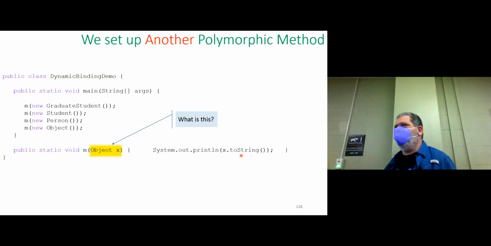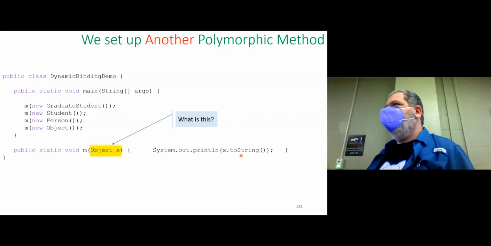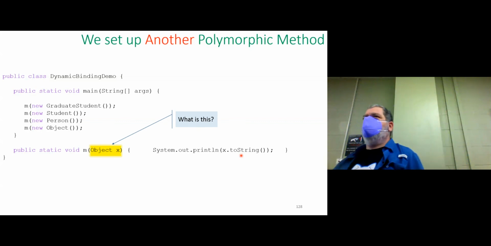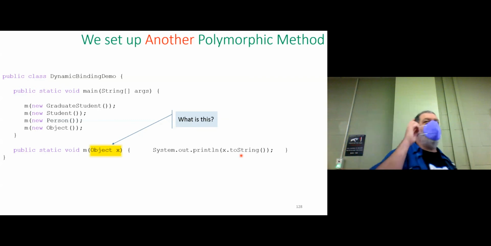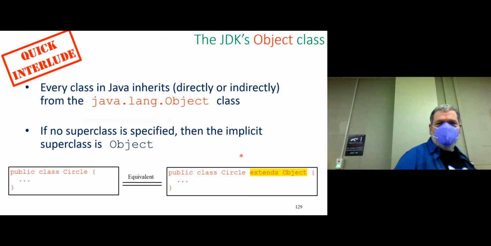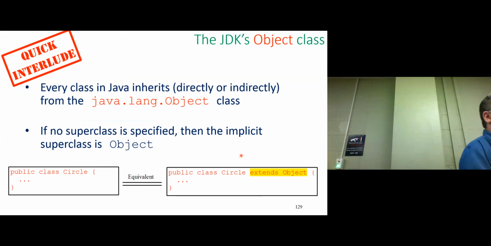Quick recap before we go any further. Why did I choose the parameter of type Object? I already introduced that to you. What's the Object class? It's the superclass. This is actually the one class in the entire Java system that doesn't have a superclass itself.